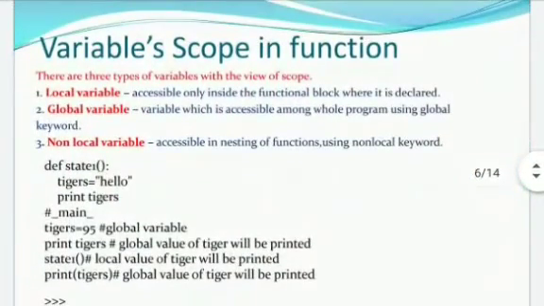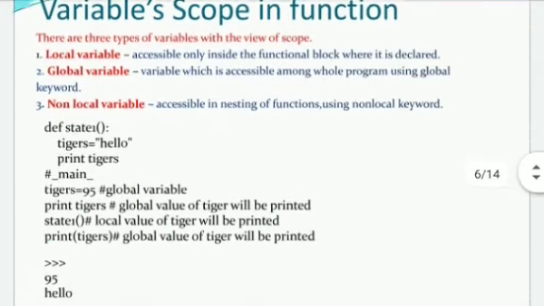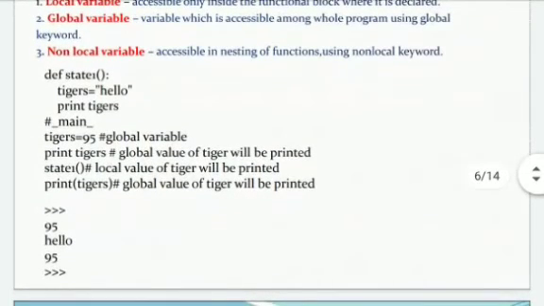What are the scopes of a function? There are three types of scopes: local variable, global variable, and non-local variable. Here we are discussing an example. Inside a function, we are declaring a variable tiger, to which we assign the value hello, and print tiger will print hello.